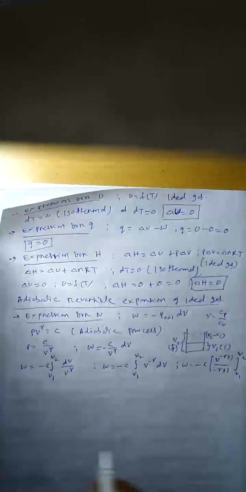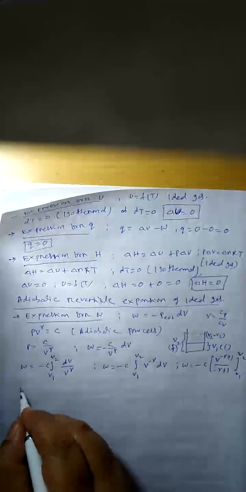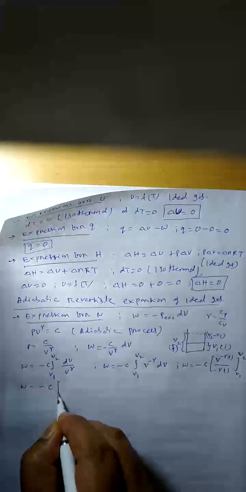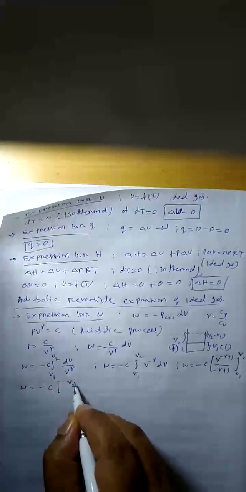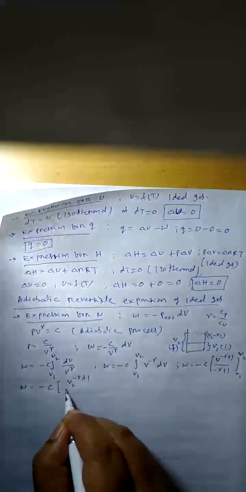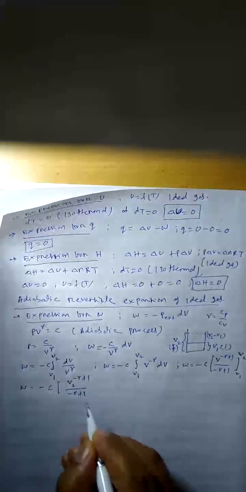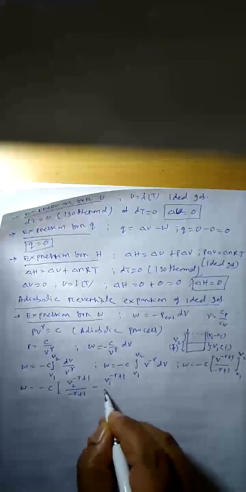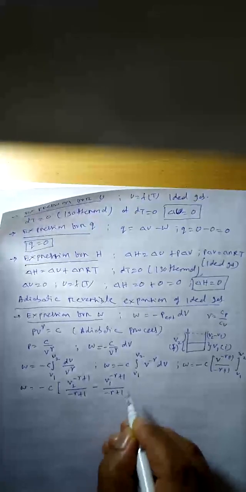Now substitute the upper limit first, then the lower limit: W is equal to minus C bracket V2 to the power minus gamma plus 1 divided by minus gamma plus 1, minus V1 to the power minus gamma plus 1 divided by minus gamma plus 1.